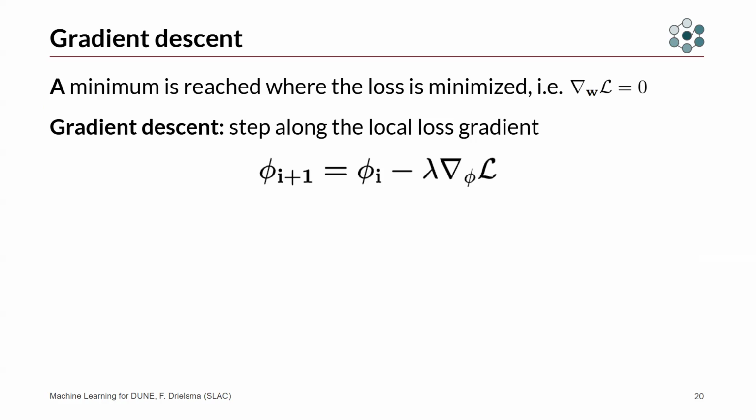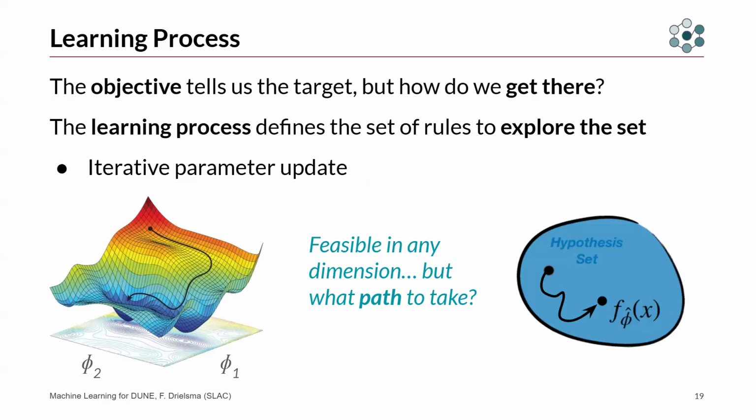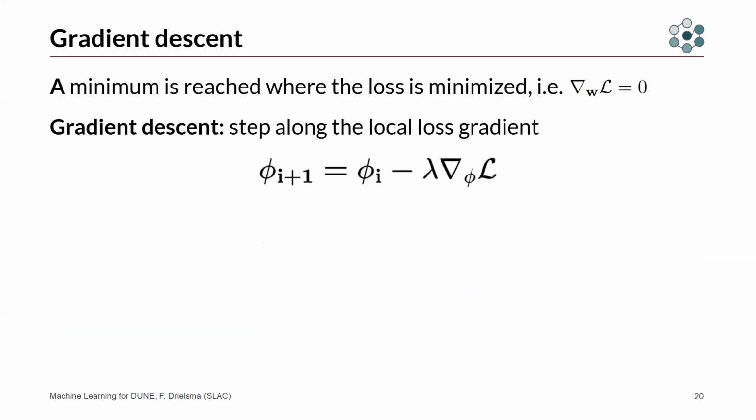And the way that you get to this minimum is by taking your parameters, which is phi_i here, and at step i plus 1, as you iterate through the parameters of your model, you subtract the gradient of the loss with respect to the parameters. So you're traveling in the direction of the loss being smaller. If you're at that point here, you can compute the gradient of the loss with respect to the parameters, and it will point in this direction. So it points towards lower values of the loss. That's what the gradient is doing.